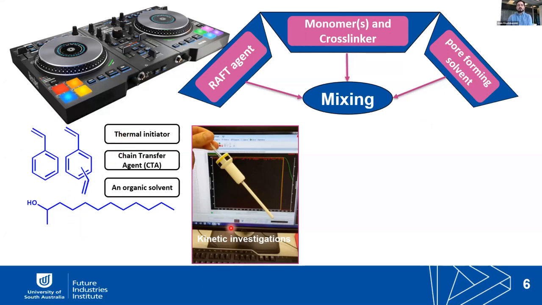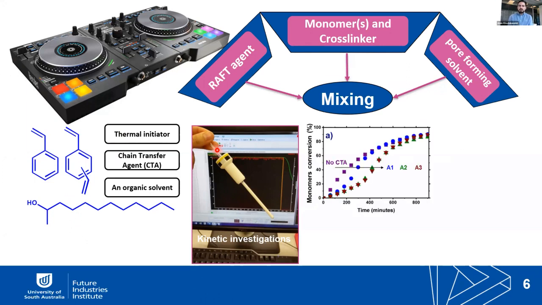The first thing we've done is a kinetic investigation, polymerizing the monolith precursor inside an NMR tube. This result shows that when we don't have the CTA, the monomer conversion happens very fast, but by adding the RAFT agent, we have a delay.